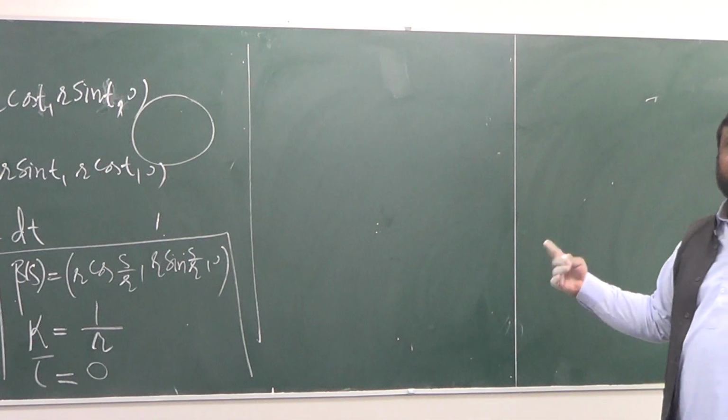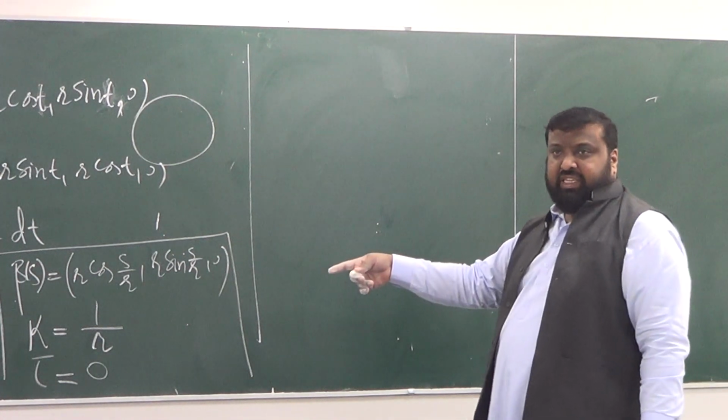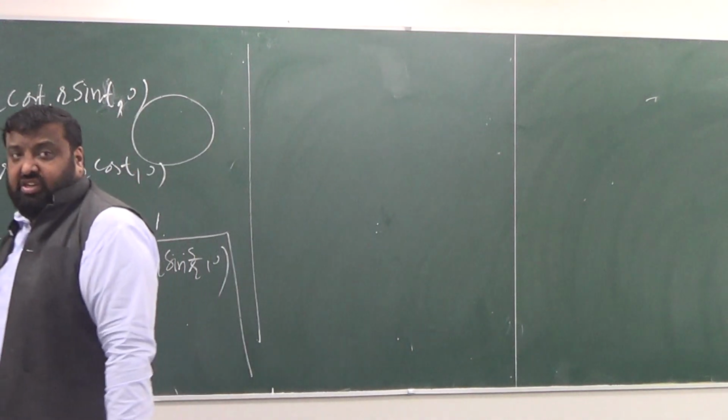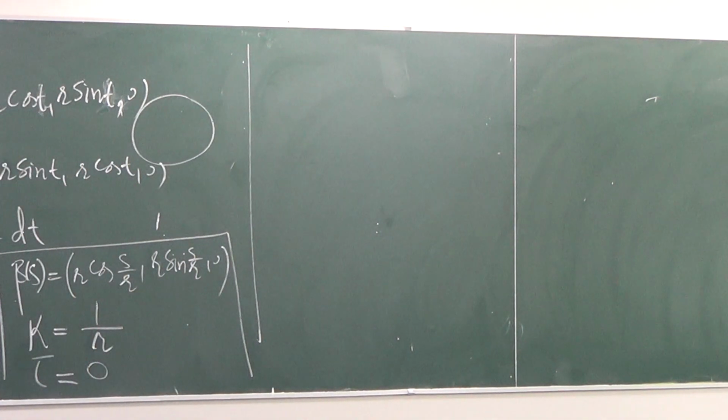Can I know the velocity of the particle using the Frenet-Serret apparatus? Can I find the acceleration of the particle? If I have been given tau and b, can I know all these things?